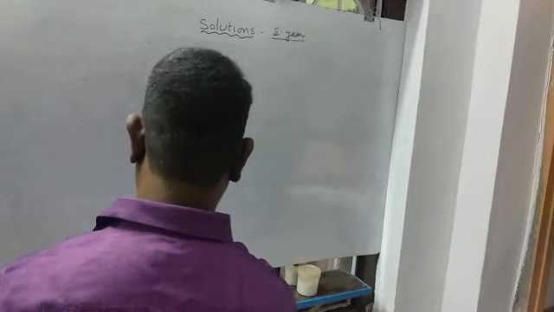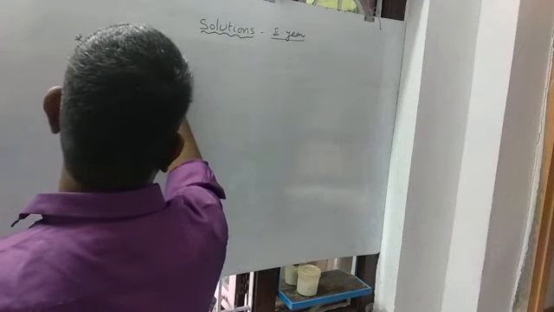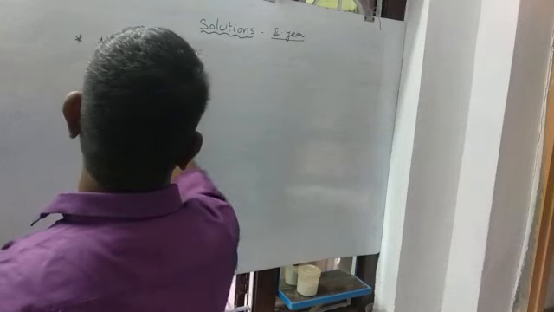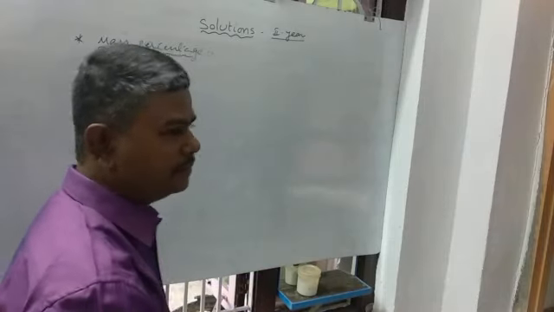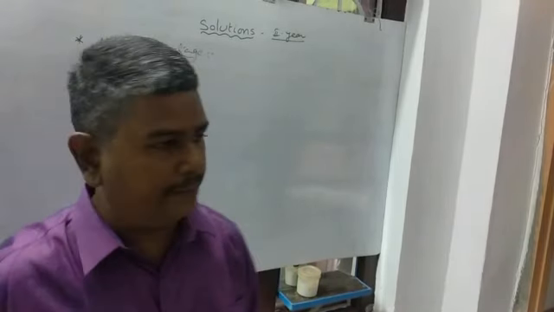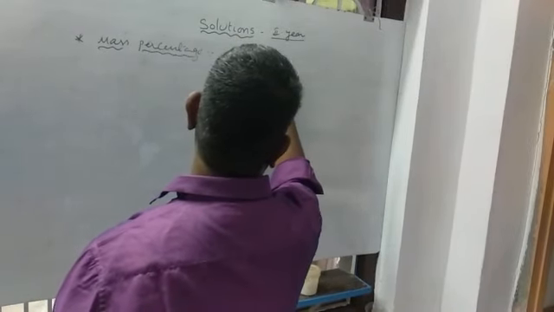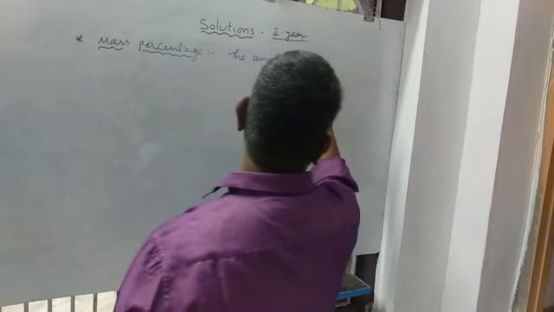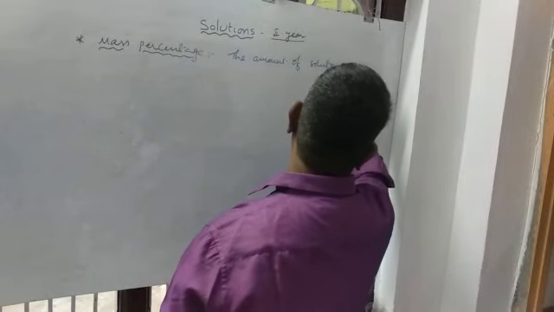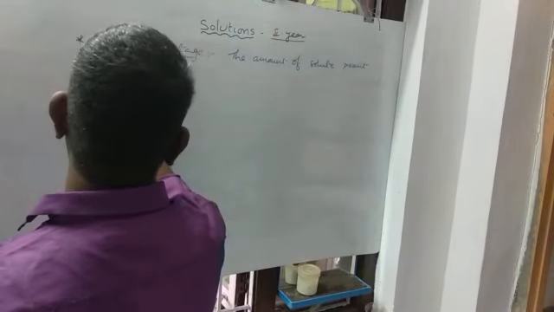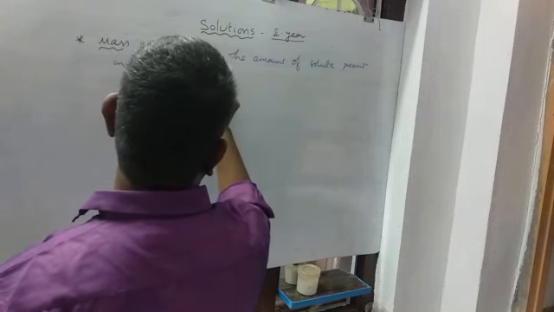So first one is mass percentage. Mass percentage is the amount of solute present in 100 grams of solution.